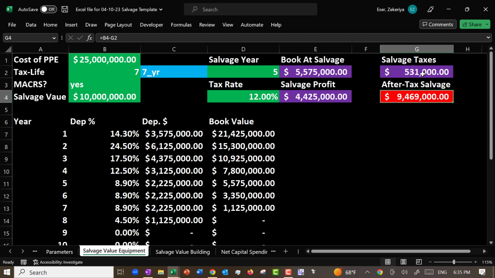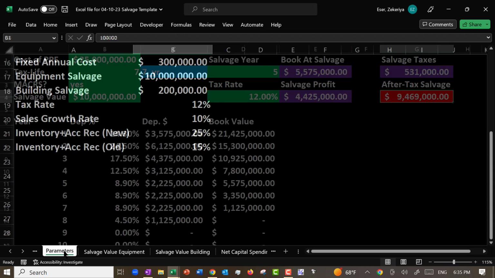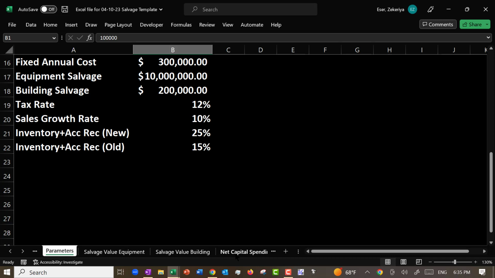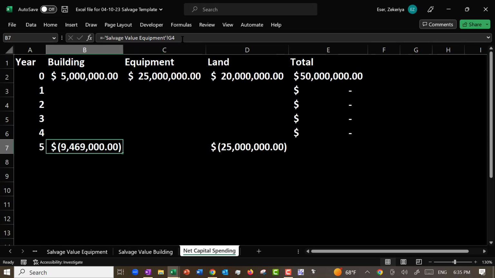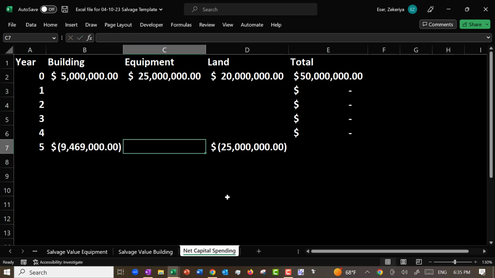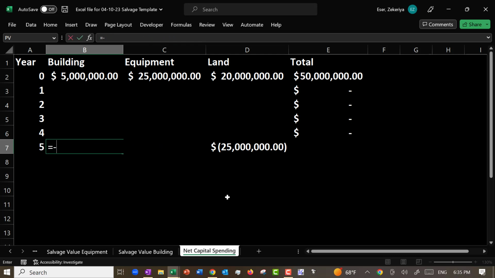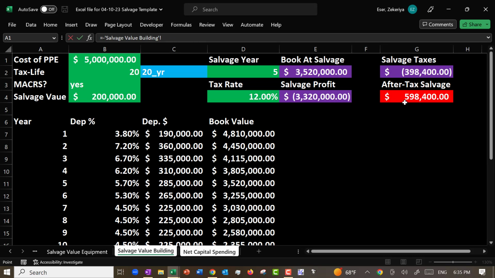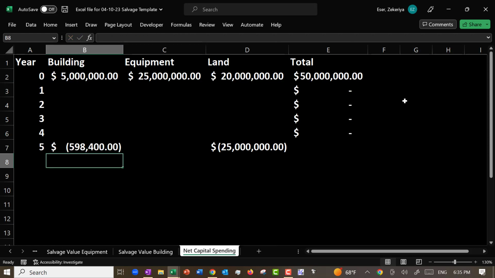Where are you? And I'm gonna deduct. Oh, I'm sorry. This is the wrong place. Negative of salvage value of the building. Negative of salvage value of the equipment.